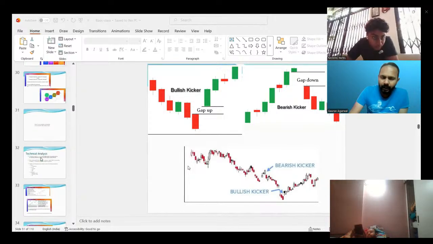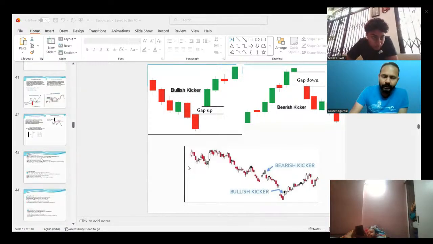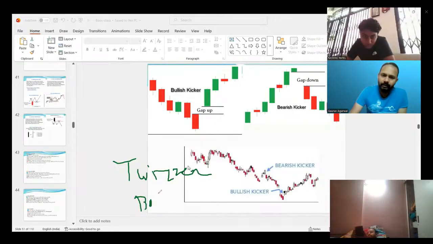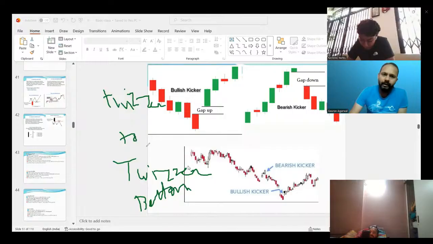Okay. Have you heard about the pattern called tweezer bottom? No, I don't think so. Tweezer bottom. Okay. And similarly, we have tweezer top. Okay.